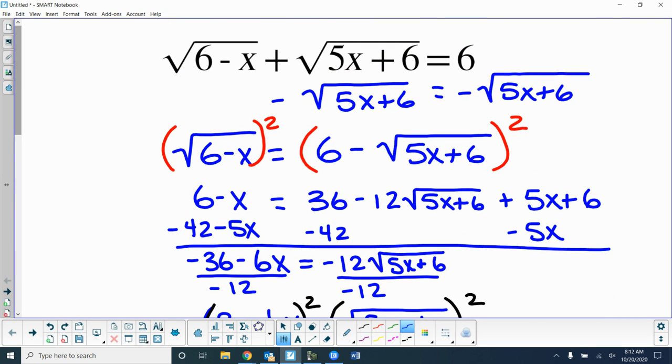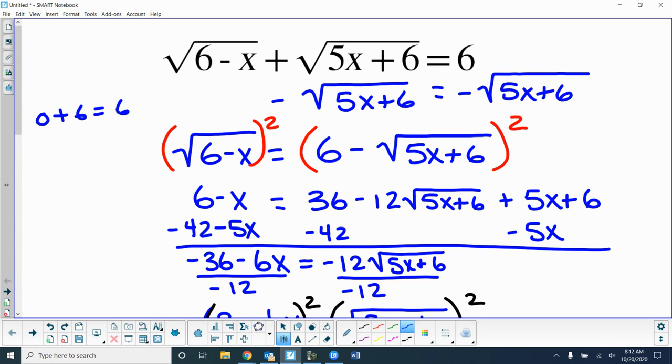All right, what's 6 minus 6? 0. What's the square root of 0? 0, okay. What's 5 times 6? 30 plus 6 is 36. What's the square root of 36? 6. 0 plus 6 equals 6? Yeah.